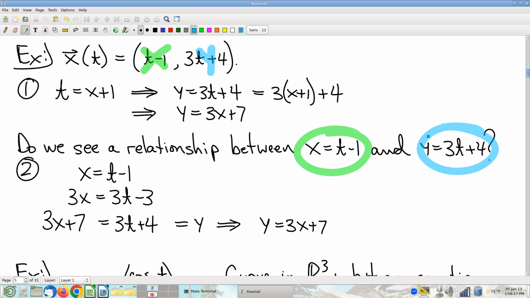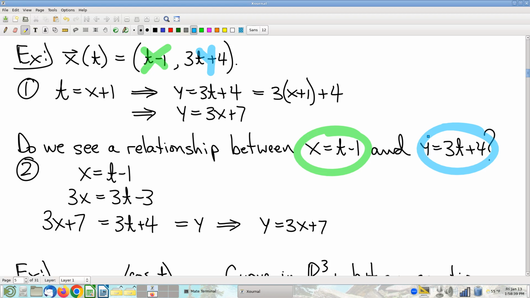And what I notice in this case is they're both like some constant times a single power of t plus some other constant. They're degree 1 polynomials of t. So they have a lot in common in that sense.